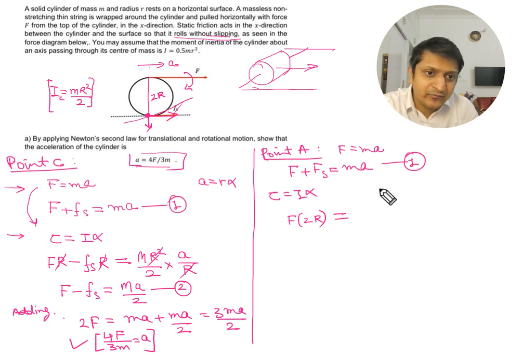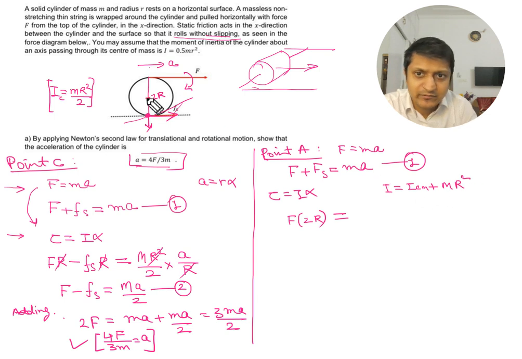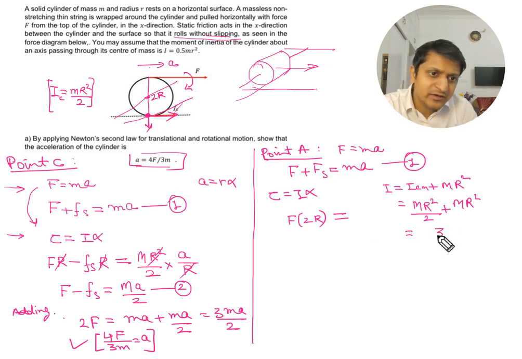For that, we need the parallel axis theorem, which says that I equals I_CM plus Mr squared. Whatever the point, we have to move to a parallel axis: this is given to us, but we want this. So it would be half mr squared, that is mr squared by 2, plus mr squared, because we are moving one radius down. So this is 3 by 2 mr squared.